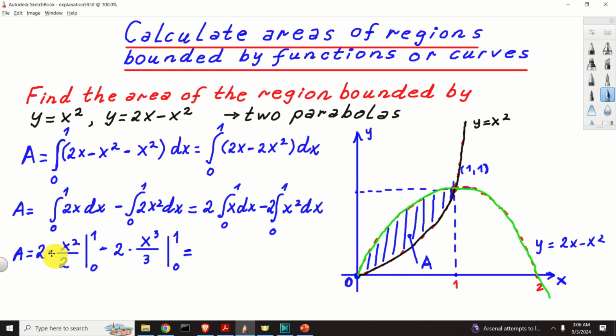We have 2 and 2 can be cancelled, so we have x squared, and the bounds from 0 to 1 simply become 1. And what do we have here? We have 2, and the bounds are from 0 to 1, x to the power 3. This becomes only 1 over 3. And let's further simplify this. This becomes 1 minus 2 over 3, and finally this becomes 1 over 3. And that's our solution.